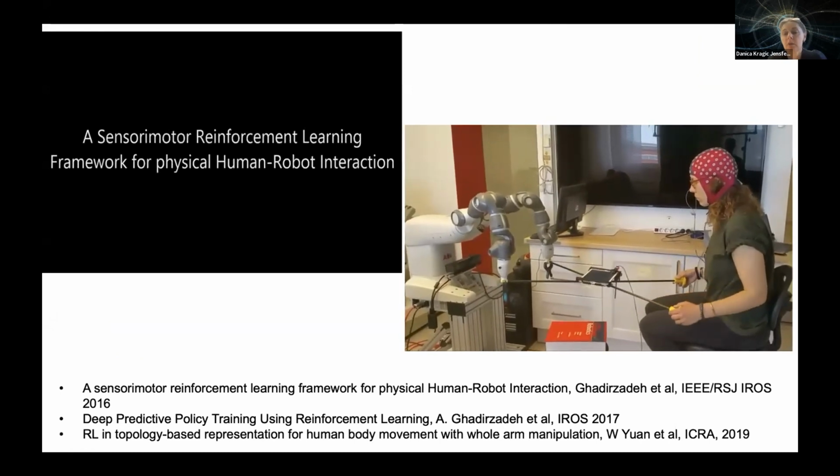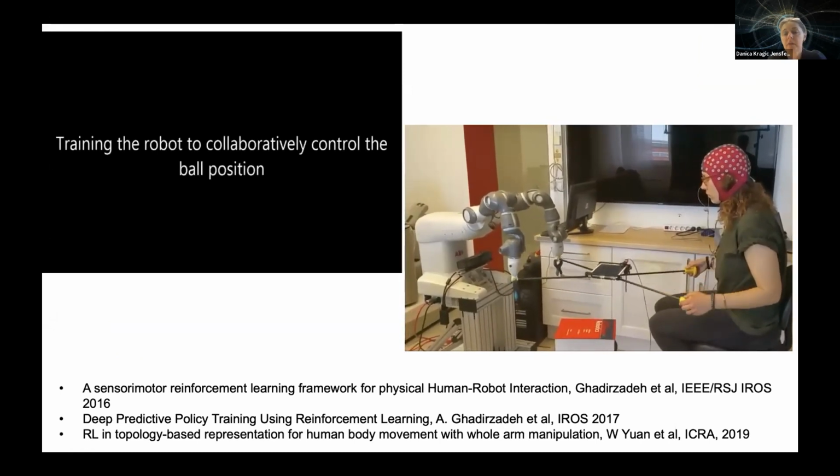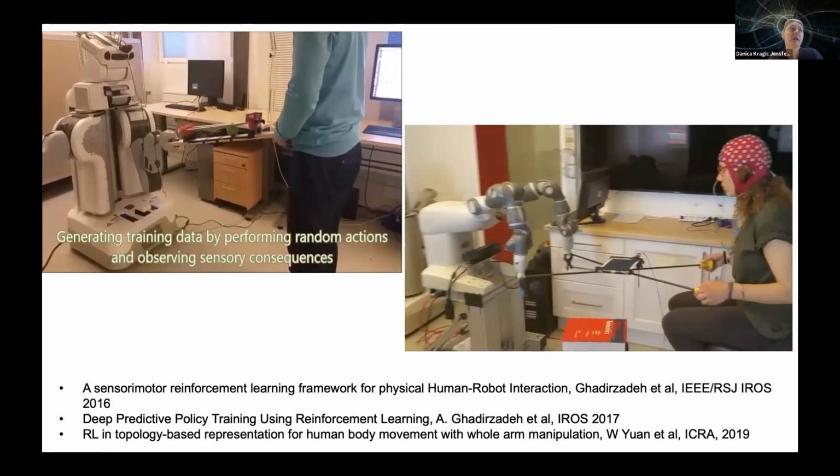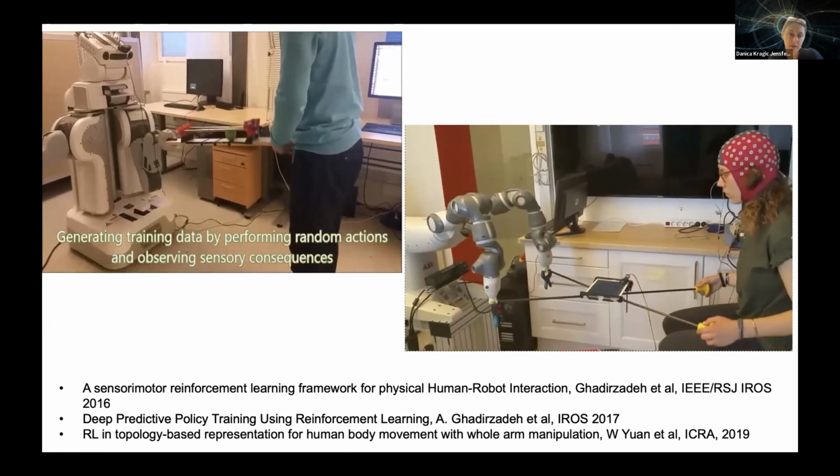Now, again, having a human in the loop and having direct physical interaction with a robot, it's extremely difficult to understand also how the human experiences many of these tasks.